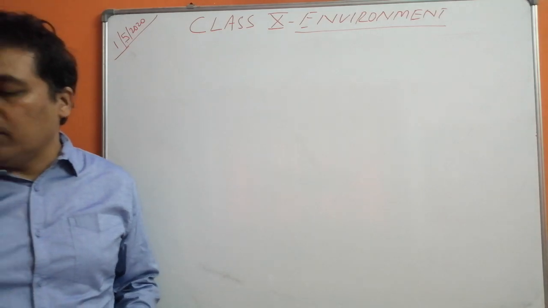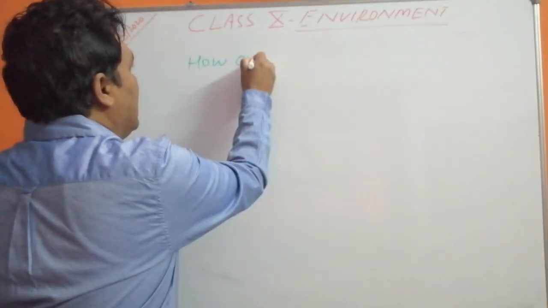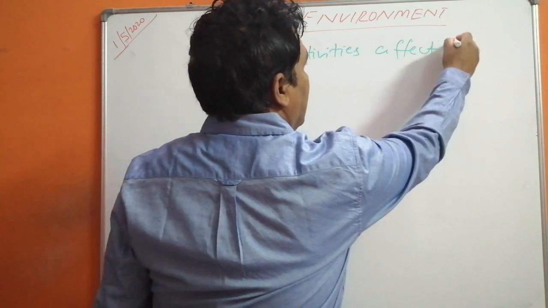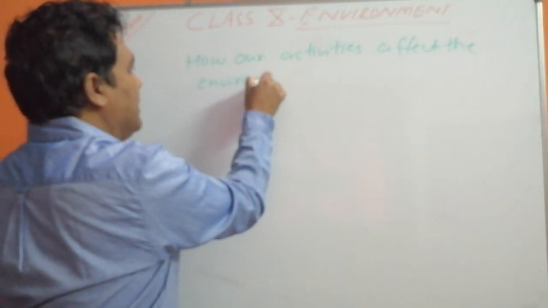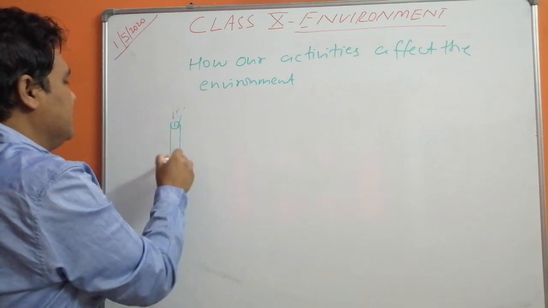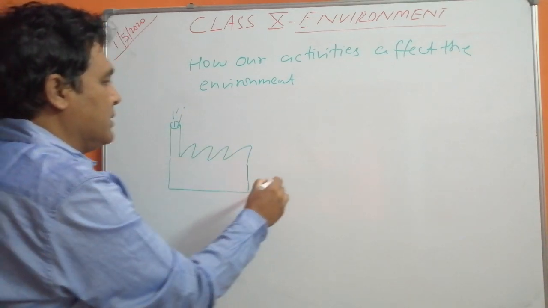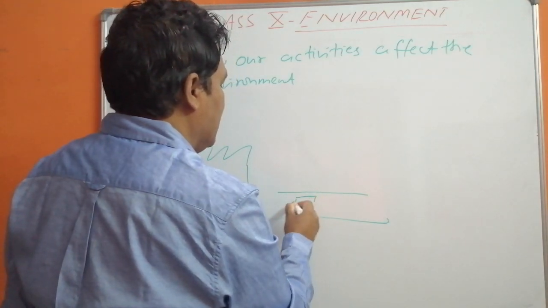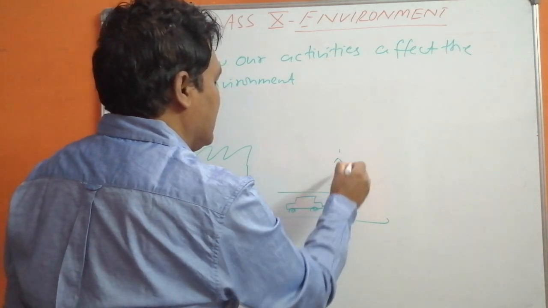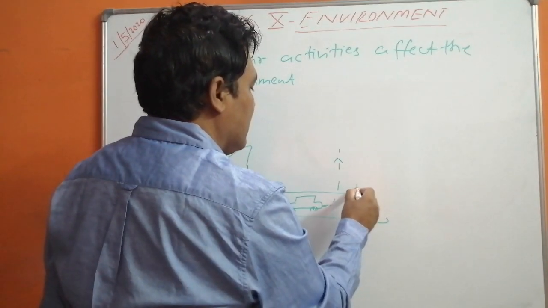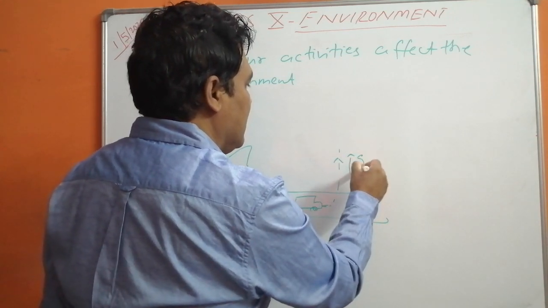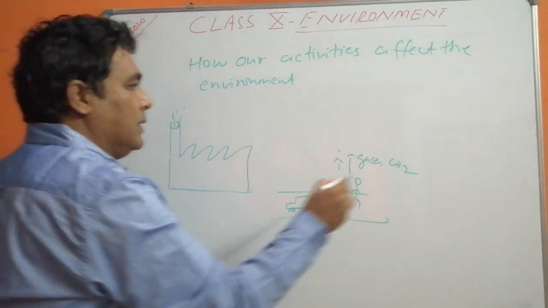Now children, the last topic I am discussing here is how our activities affect the environment. As there are industries all over, and on the roads you would have seen automobiles running and the exhaust going, and humans are moving, they are releasing gases in the form of CO2.